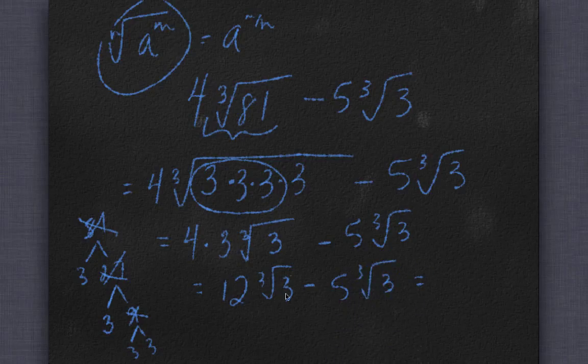So now I have like terms. Now this is 12 times an object minus 5 times that same object. It doesn't matter what the object is, right? So I can factor it out. And that's 12 minus 5.